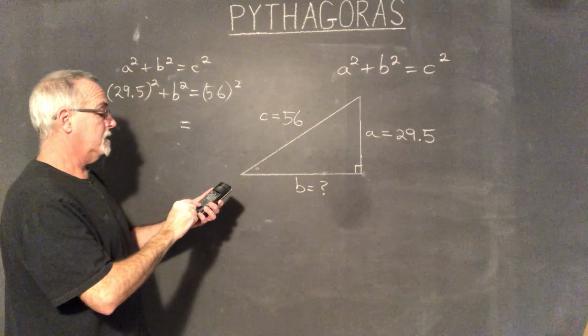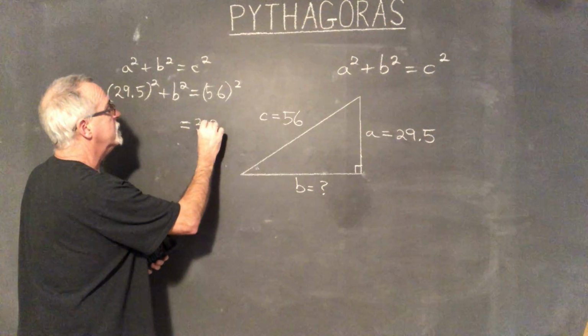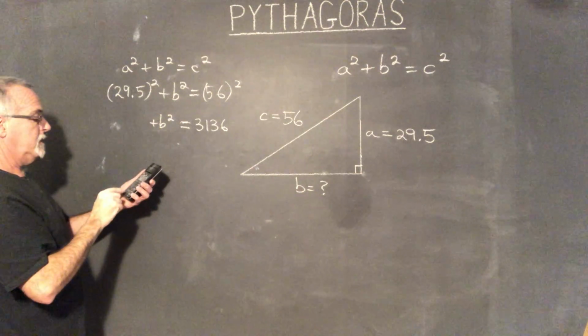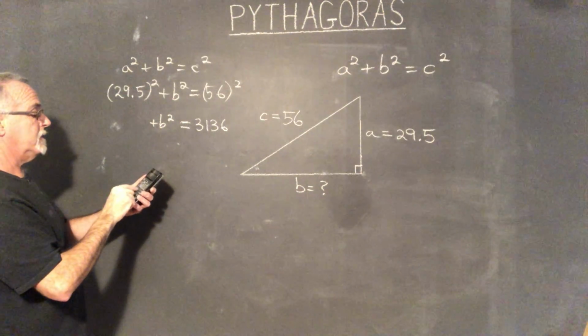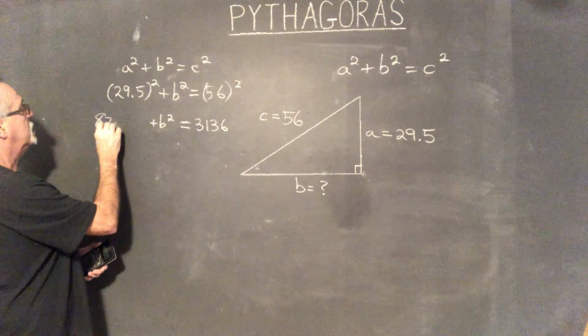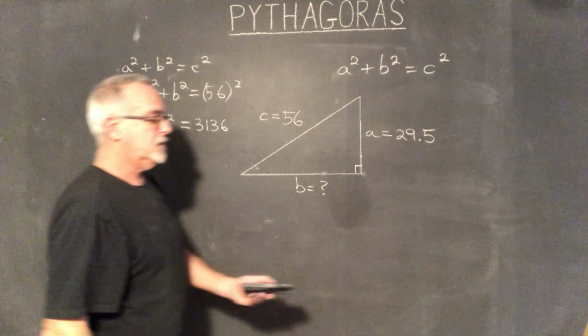56 squared is 3,136. 29.5 squared is 870.25. And here come those algebra skills.